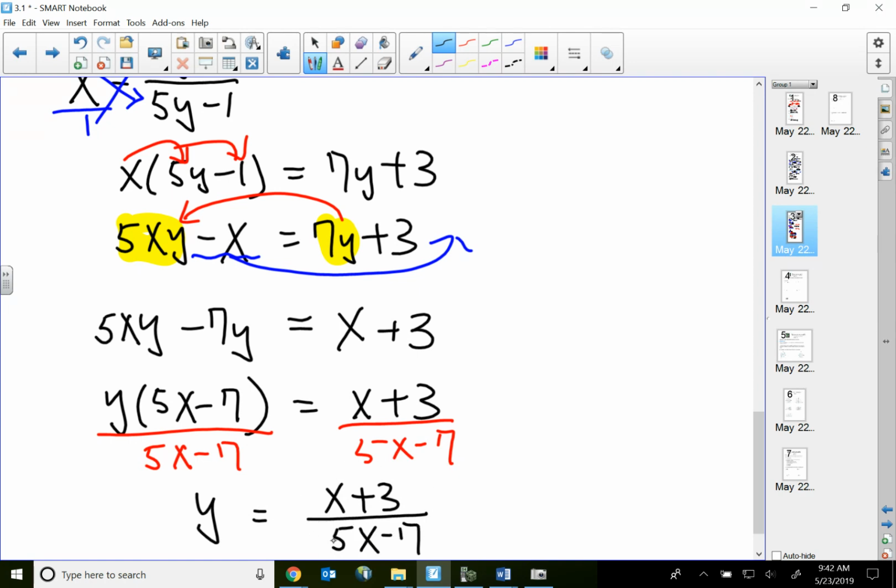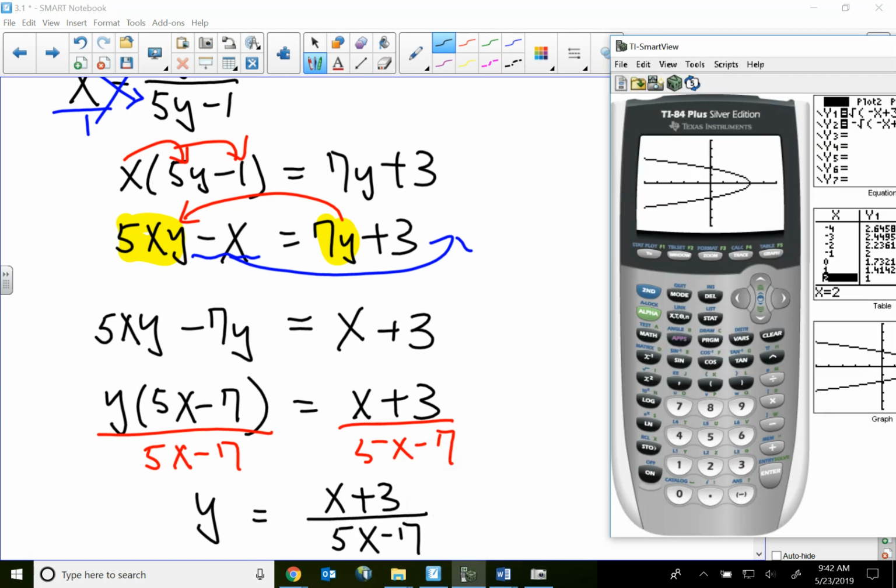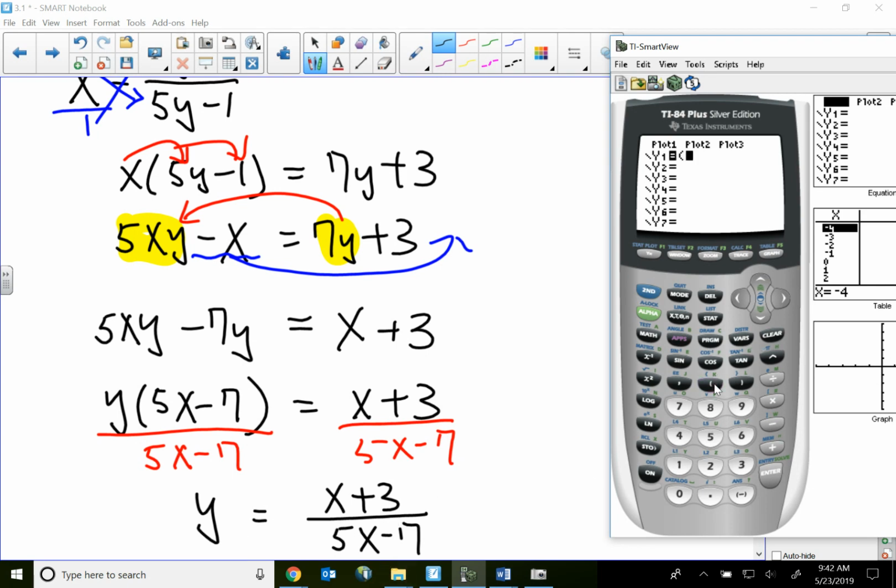So this is actually a type of rational function. So let me graph it for you, okay? I have two terms in the numerator and two terms in the denominator, so I will put my two terms on top in parentheses, divided by the denominator, also two terms, in a separate parenthesis, 5x - 7.